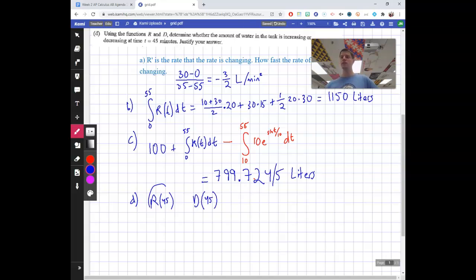If the rate of the flow into the tank is higher, then the water in the tank is going to be increasing. If D, the amount draining, that rate is higher than the rate of water increasing, then it's going to be decreasing, right? It's as simple as that. And you want to make sure you recognize these are the rates already. You don't need to take the derivative or the integral or anything. You're simply comparing R of 45 and D of 45.